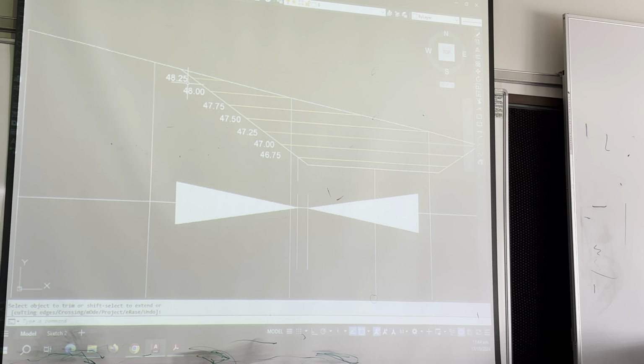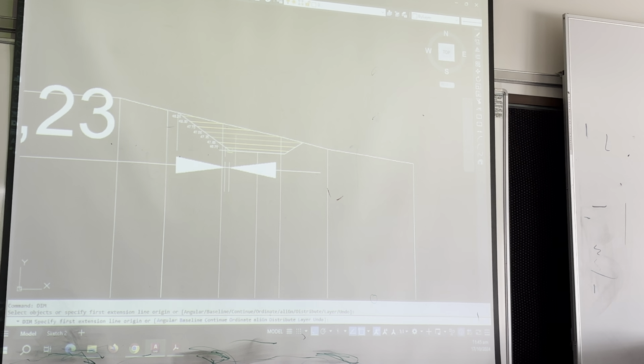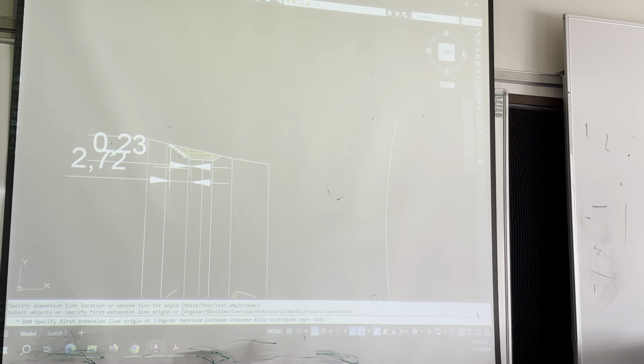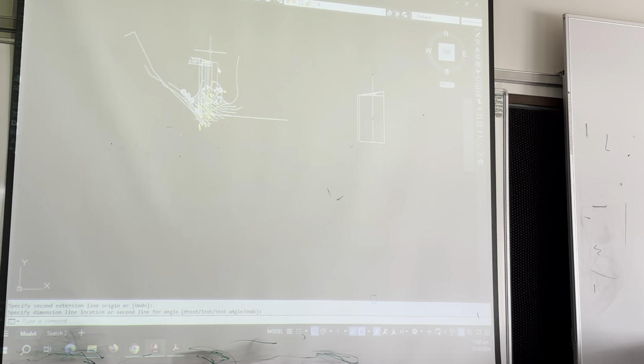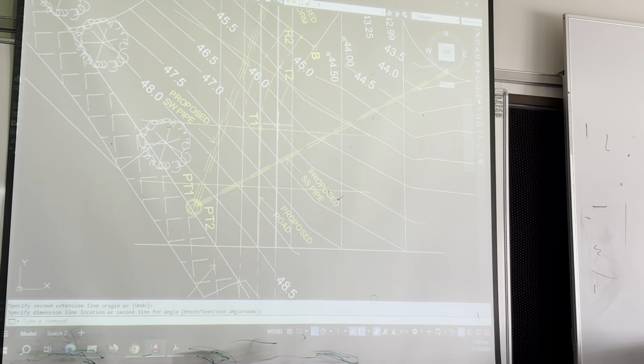So that distance there to the batter slope from the platform, dimension from there to there is 2.72. So let's go back to the plan and offset 2.72 from the road.